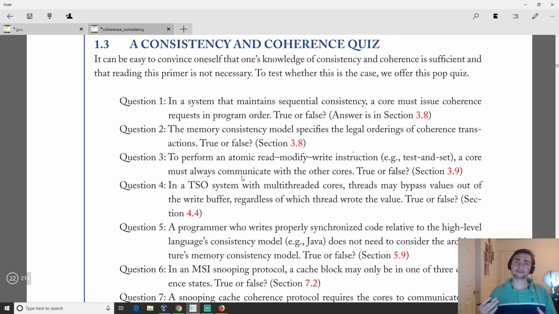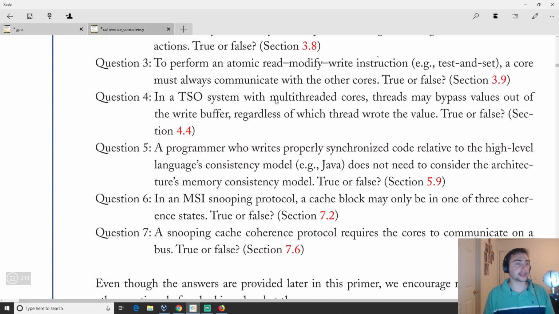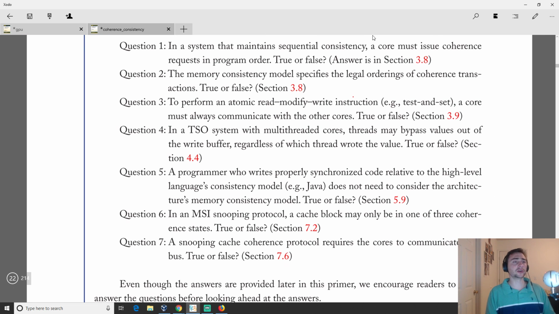So, this consistency and coherence quiz is basically what overall we should get out of this book, and we should be able to answer. It includes a number of very common things that we'd want to know. We should understand, in a system that maintains sequential consistency, whether or not a core needs to issue coherence requests in program order.